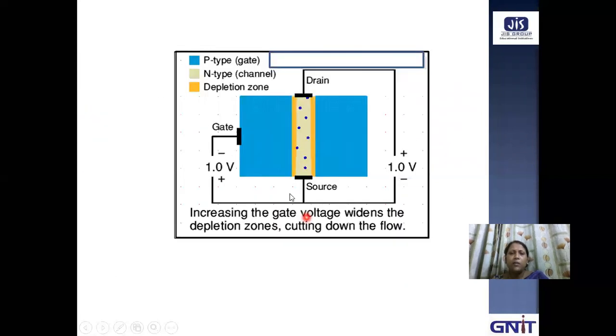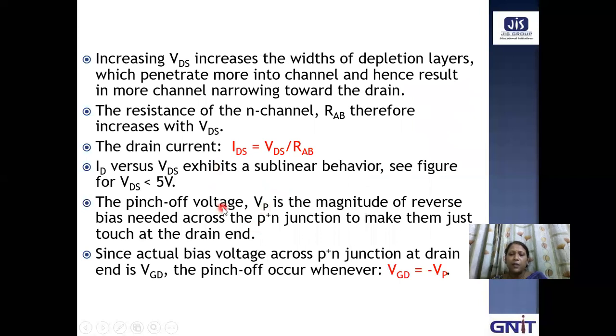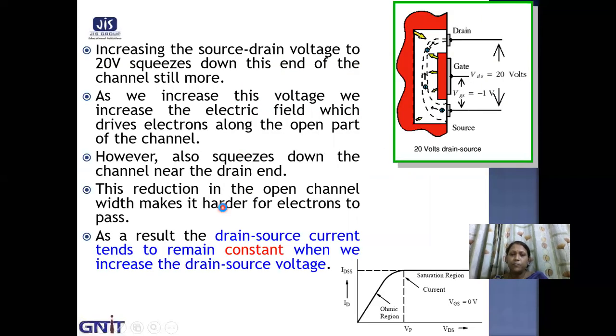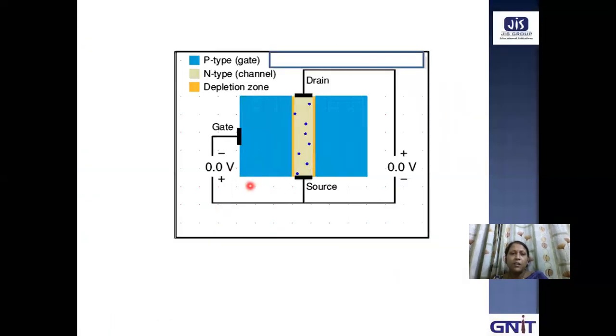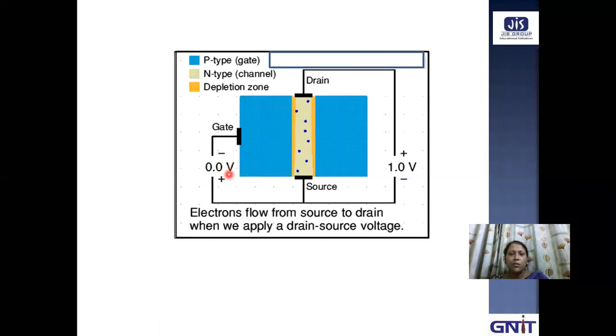So again, if we go to this figure, see, this is initially 0. Electrons flow from source to drain when we apply a drain source voltage. This is 0. Now it is getting much more negative. Increasing the gate voltage widens the depletion zones, cutting down the flow. So it is very much clear.